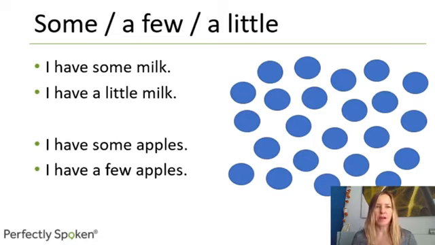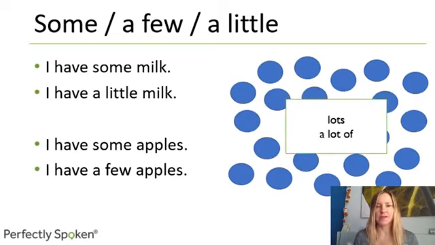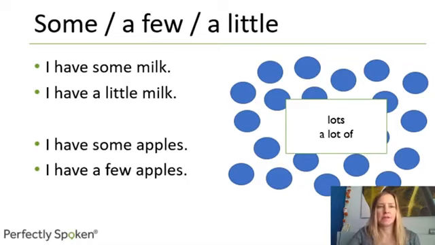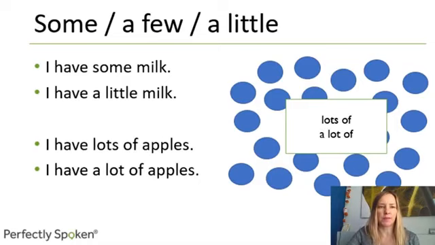So here, for example, this shows you that when it's countable and uncountable, if you have lots, you can use lots of or a lot of, all right? So here's some examples. You see some apples, lots of apples, or some apples, a lot of apples, okay?